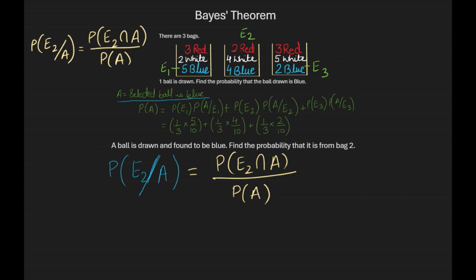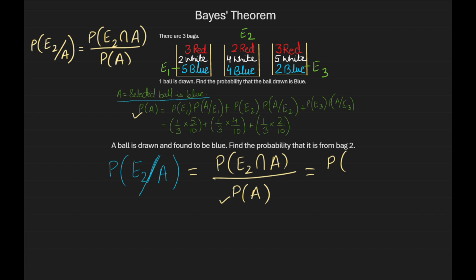Now if you see carefully, we have already found the probability of A, so it would be the same. And what is the probability of E2 intersection A? It means the probability of event E2, that it is from bag 2, and event A, that the selected ball is blue. So how can we write it?